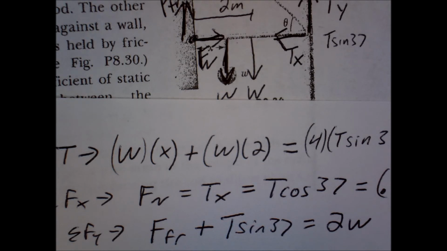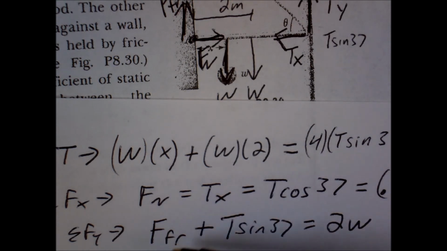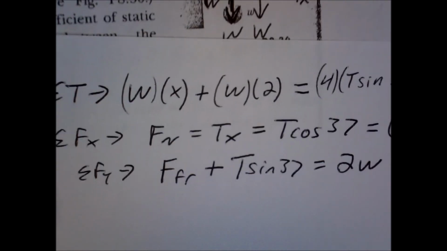So we just introduced a 4th unknown, didn't we? What can we do with that? We have another equation because we know the force of friction equation. What's the force of friction equation? Mu times force.